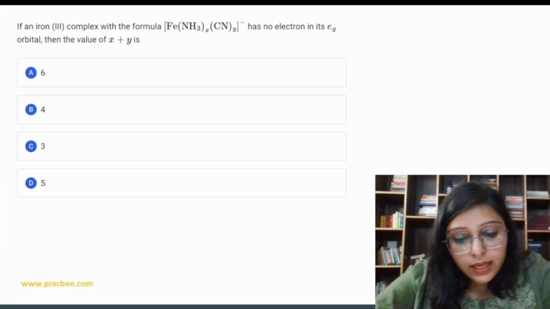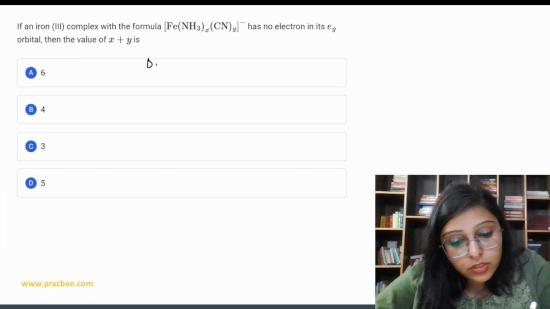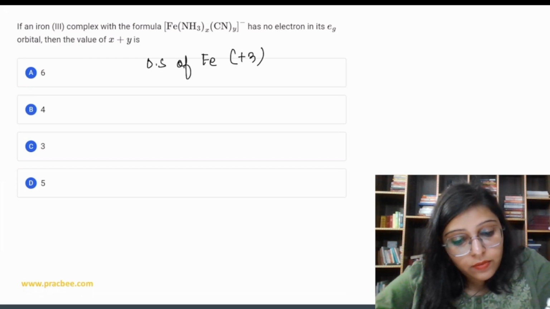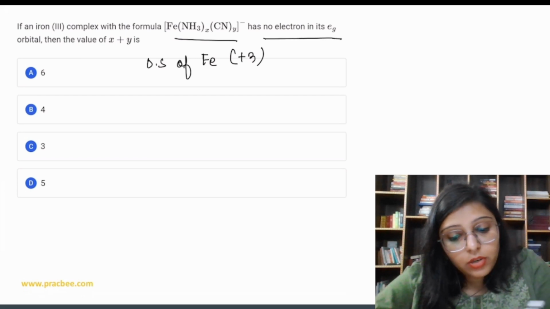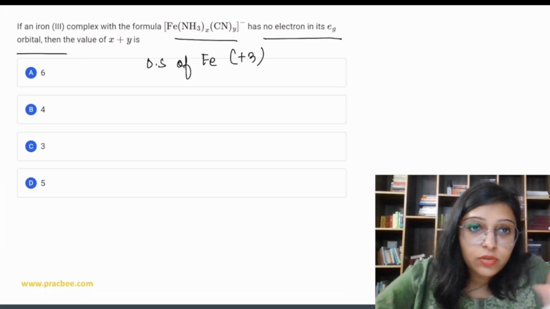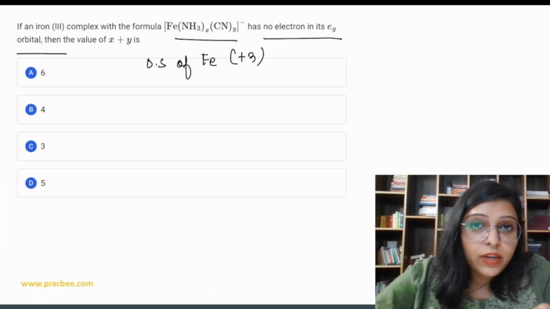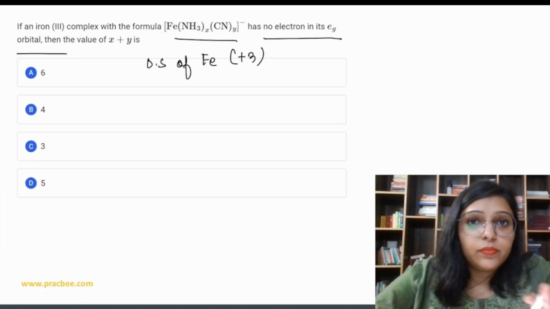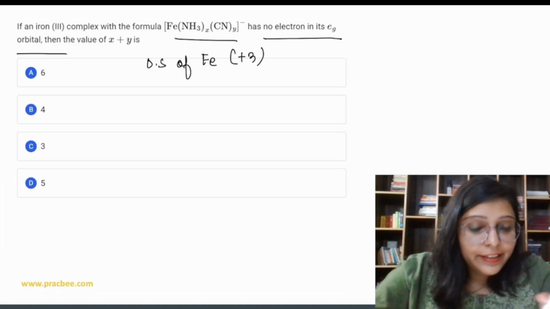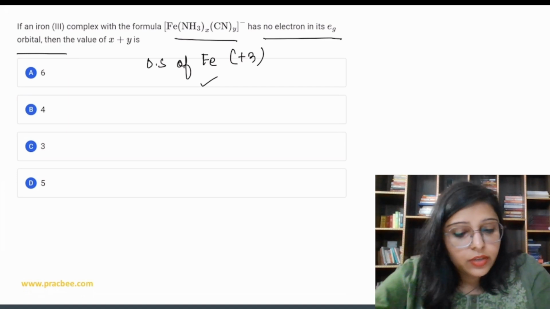In an iron 3 complex, it means the oxidation state of iron is +3, with the formula having no electron in the Eg orbital. The value of x plus y is, it means we have to find the number of ligands. First let's find out how much cyanide is present by the oxidation state formula.